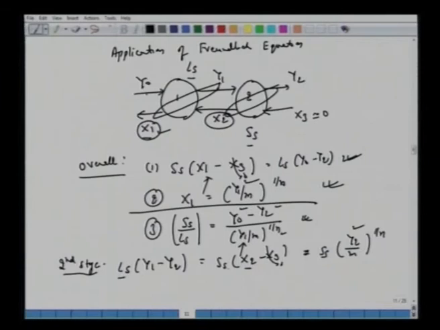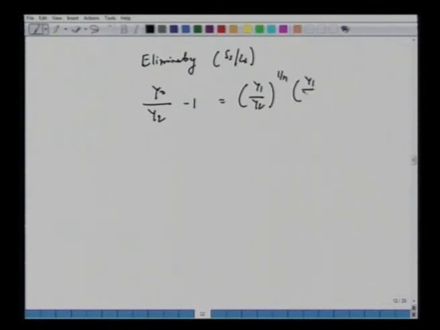Again you have LS and SS here, and here also we have SS and LS. One can substitute and eliminate SS over LS to obtain this equation: (y0 over y2 minus 1) equals (y1 over y2) to the power 1 over n times (y1 over y2 minus 1).